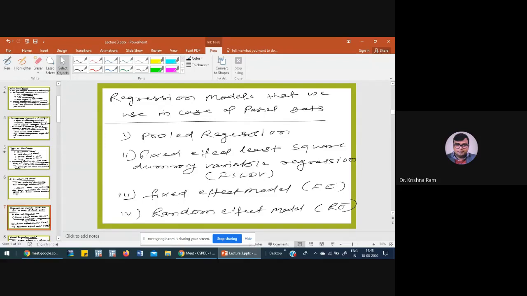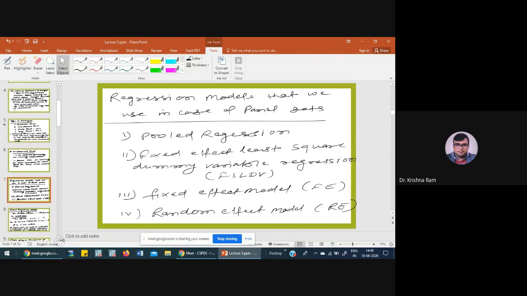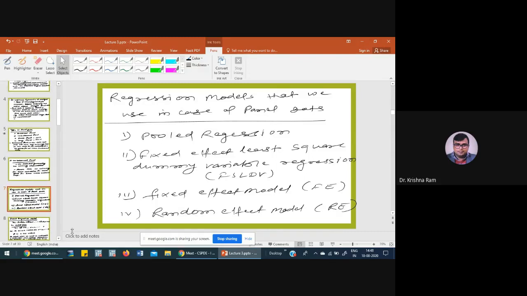The regression models we can deal with in this course are the pooled regression model, the fixed effect least square dummy variable regression model, then the fixed effect model and the random effect model. Fixed effect and random effect are basically two methods.